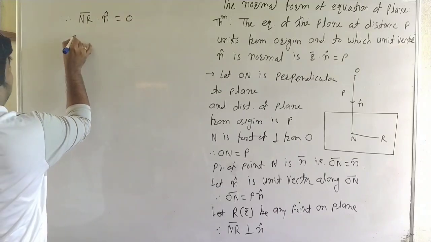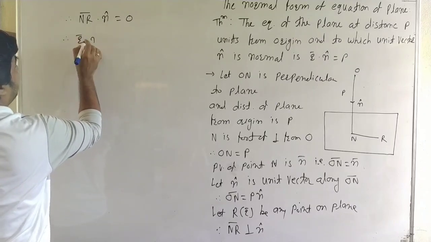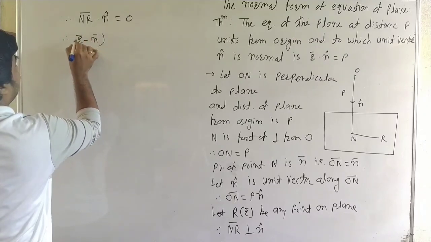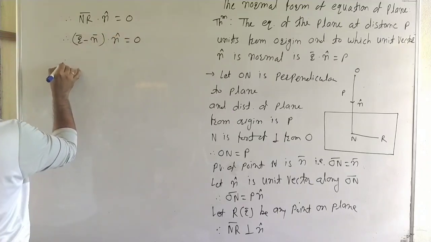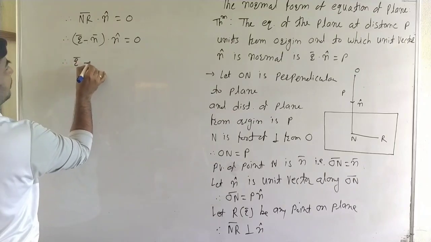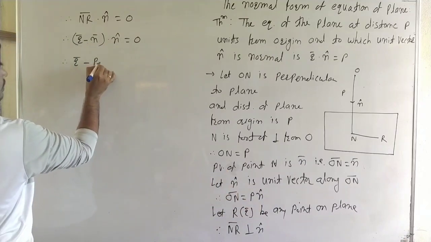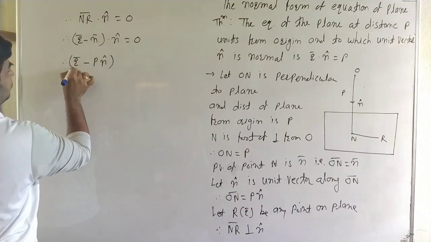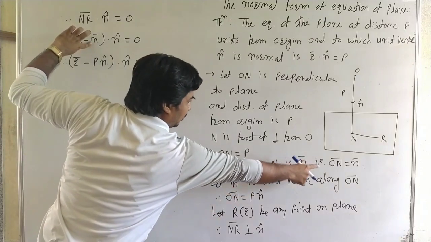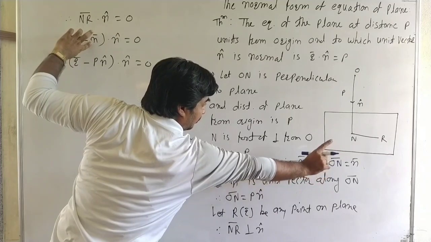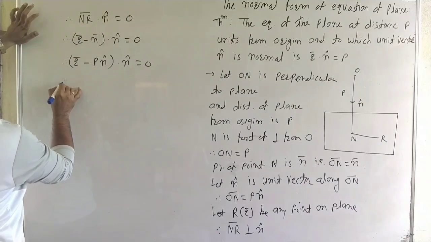Then we can write in position vector form, R bar minus N bar dot N cap is equal to 0. Therefore R bar minus P into N cap, dot N cap is equal to 0. Here N bar is the position vector of point N, that is ON is equal to N bar, and ON is equal to P into N cap, and then take the dot product.